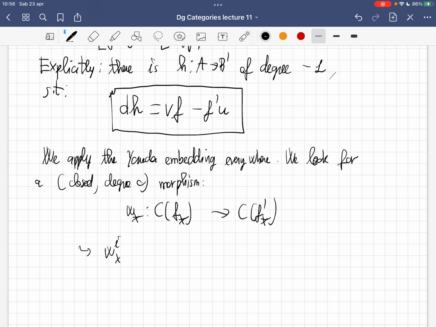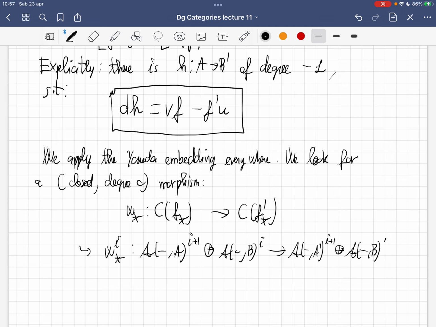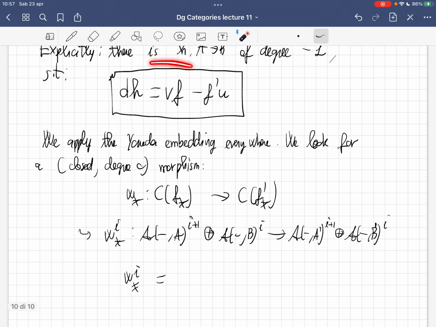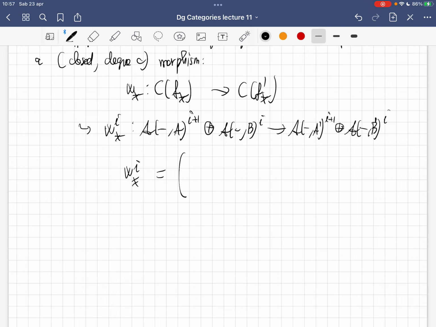So again, in components, what is this? We need this, and this is what it is in components. Okay, good. In matrix notation, you don't have many choices. We made a choice actually, and this will be an important thing to remark afterwards.